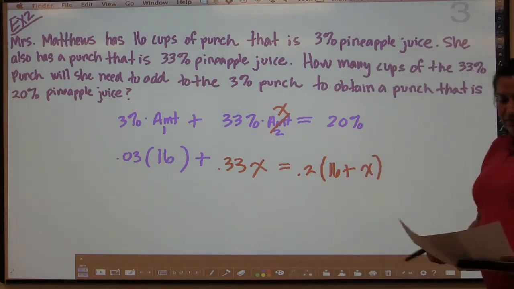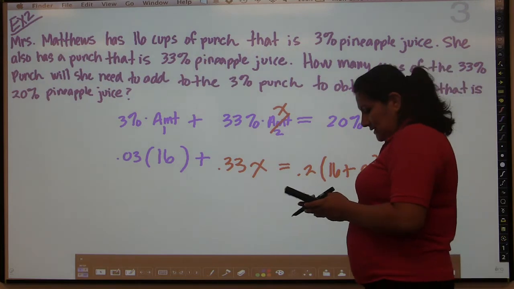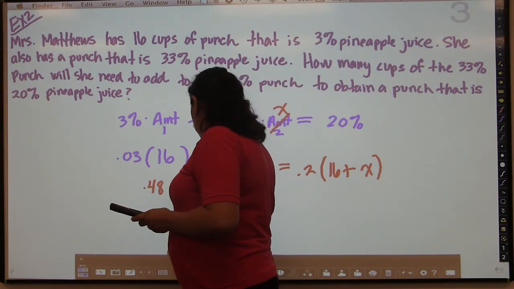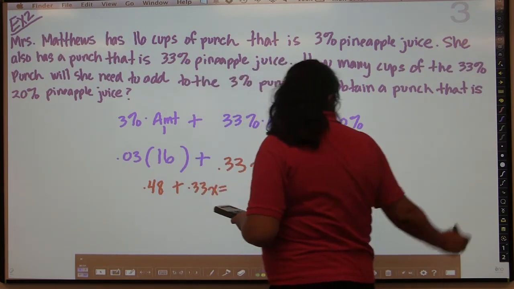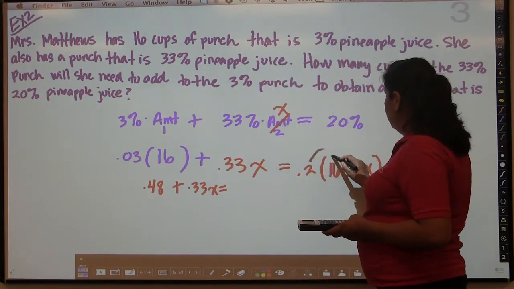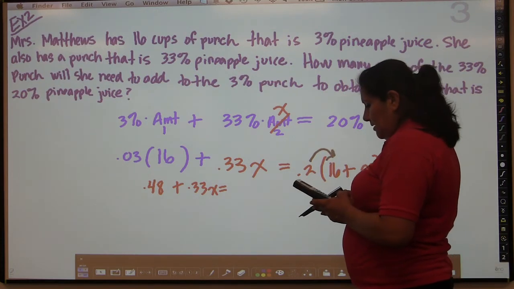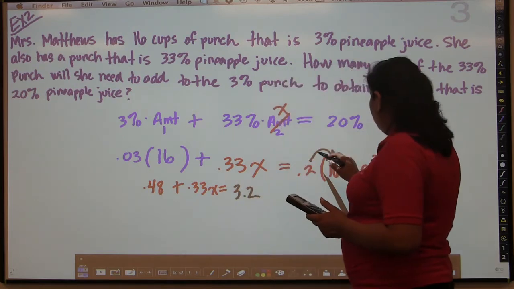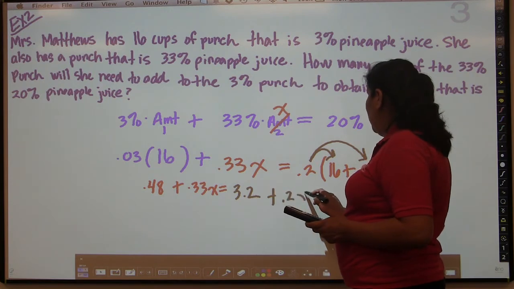So now to solve this, we are going to go 0.03 times 16, which is 0.48, plus 0.33x. And again, we're going to not forget to distribute here. 0.2 times 16 is 3.2. And then 0.2 times x is 0.2x.